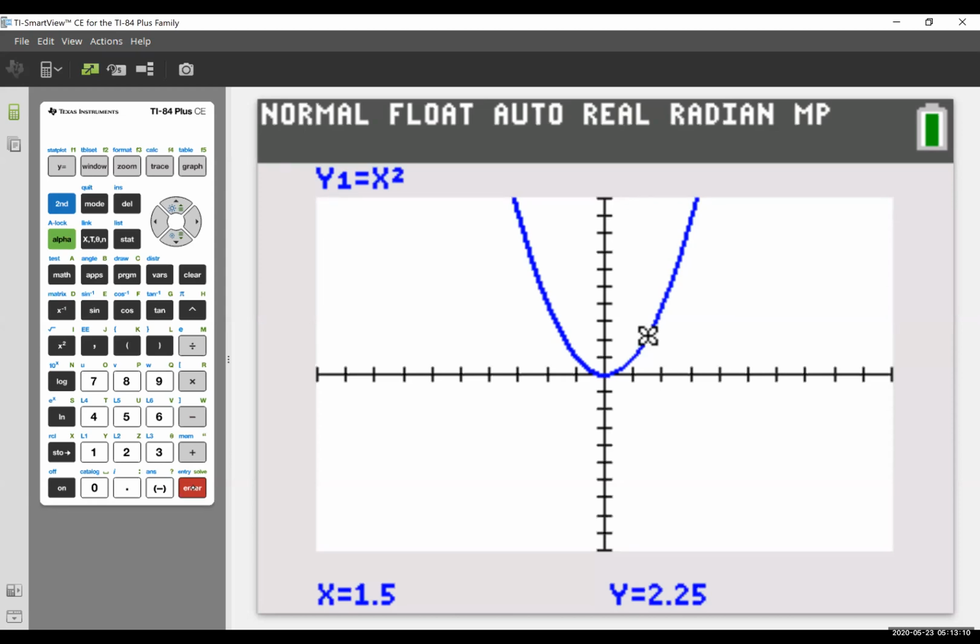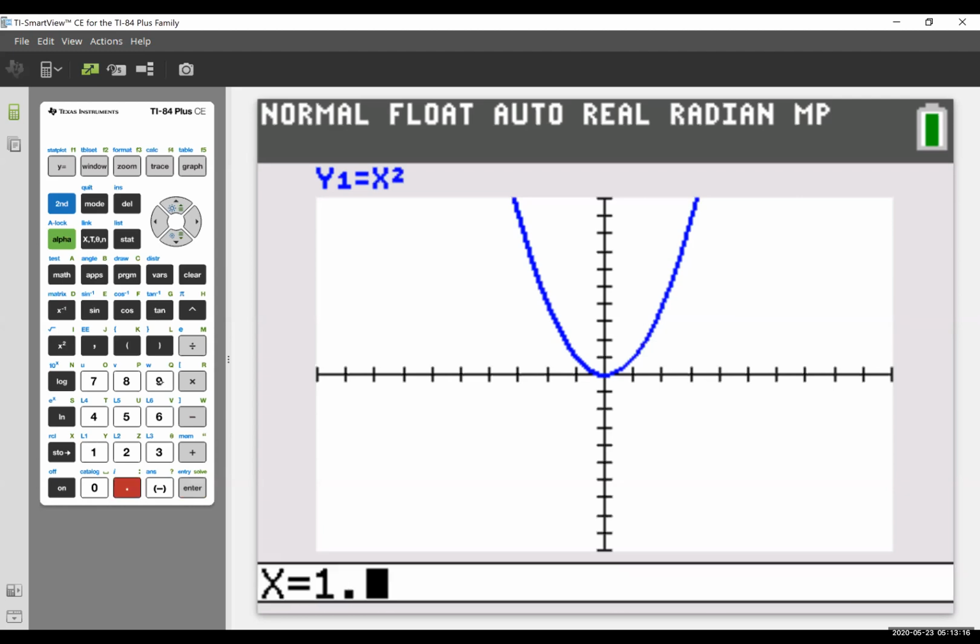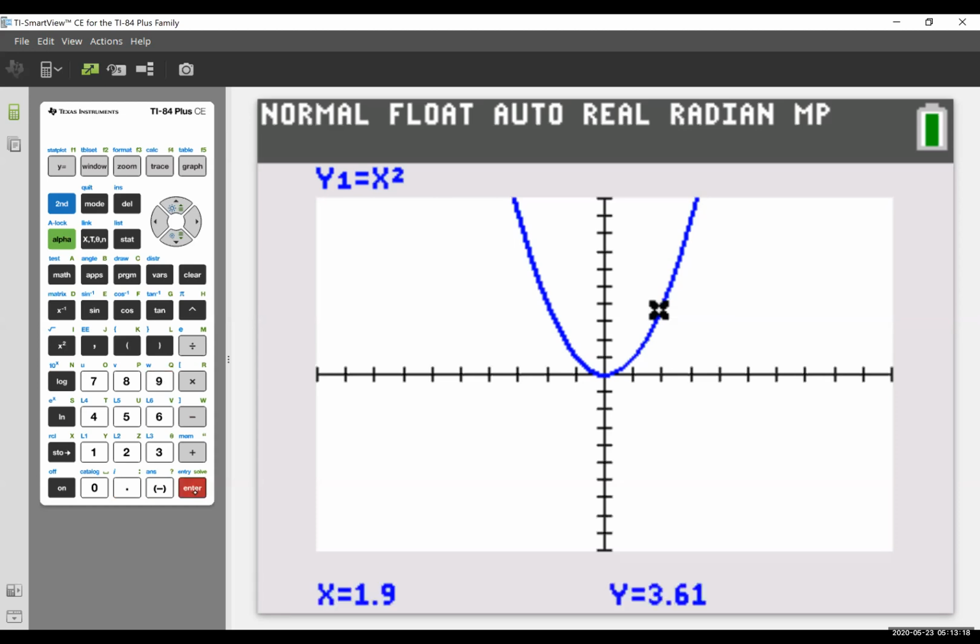So that's giving me 2.25. I can continue to press my values of x and get the corresponding y value as well. But sometimes it's nice to see the function, it's nice to see the corresponding y value, but sometimes we like to do this a little bit faster.